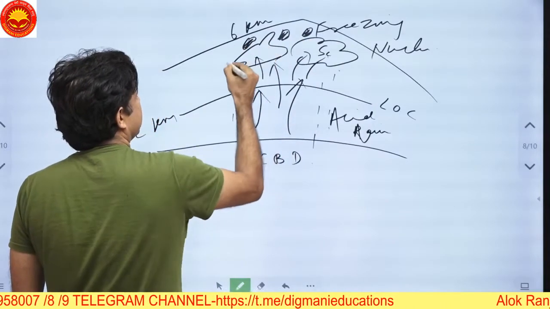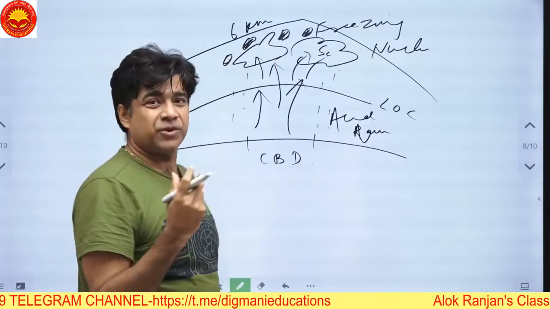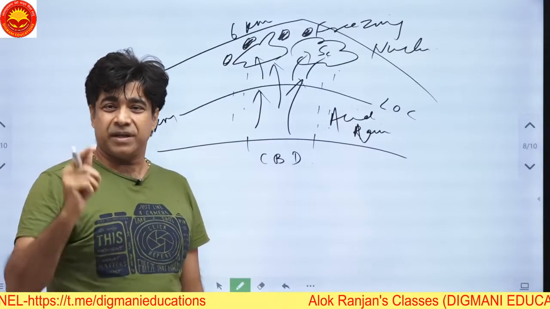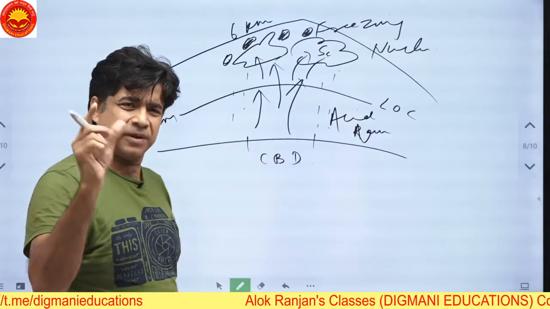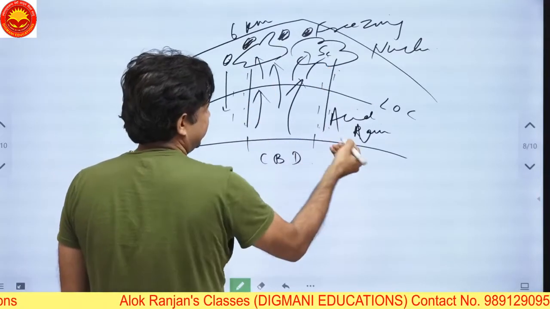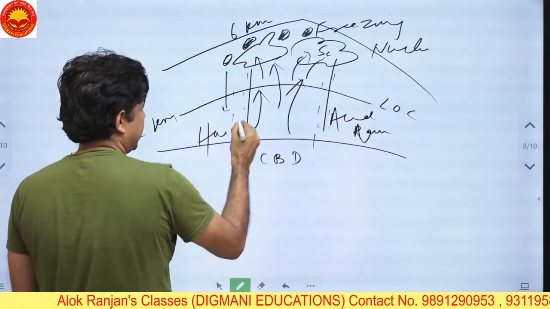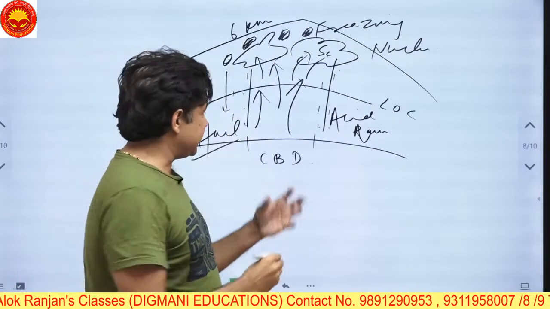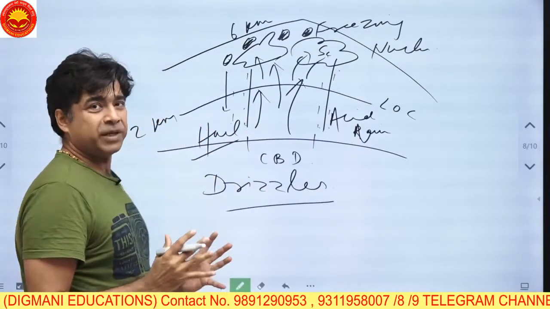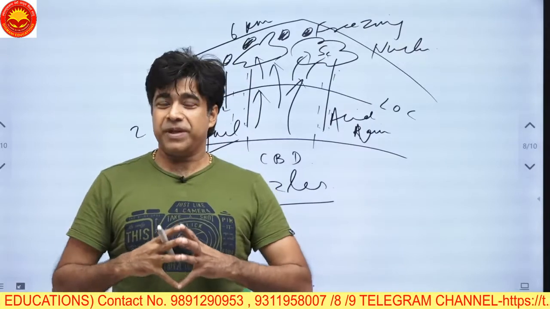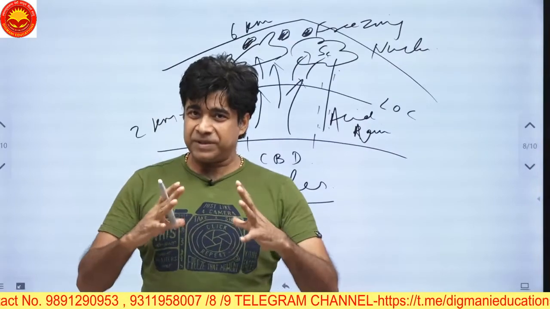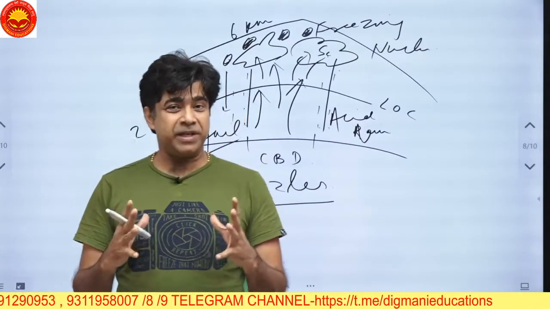Hails are larger frozen droplets, a form of precipitation of much bigger size, 6 mm or even more. So all these hails will begin to fall. So acid rain, hail, and maybe drizzles: these three phenomena can occur when you have the urban heat island phenomenon. Now this is one of the impacts on the urban areas.